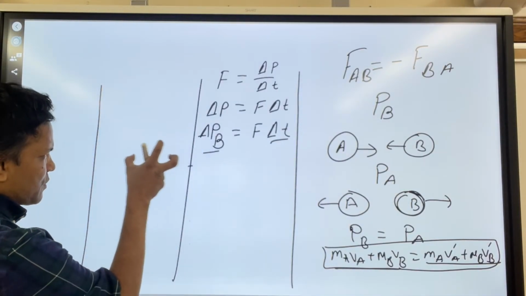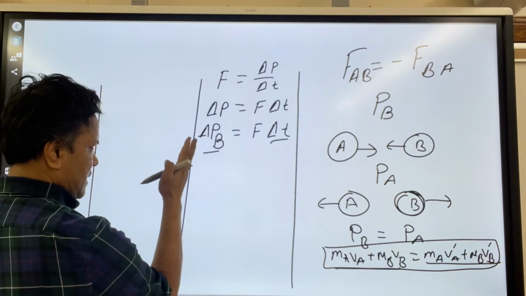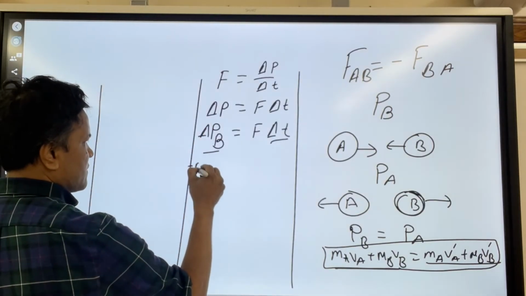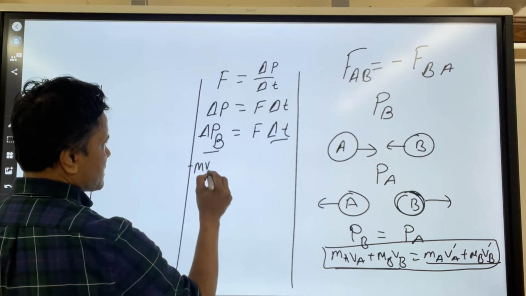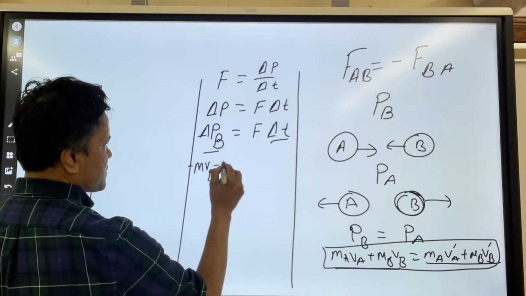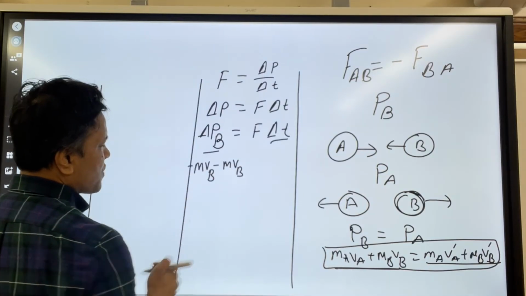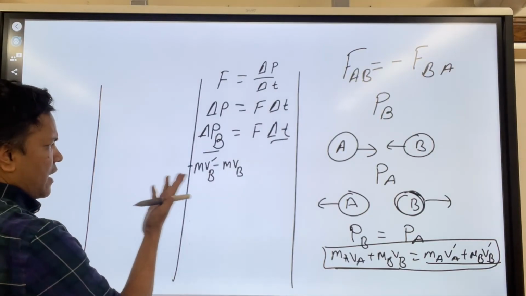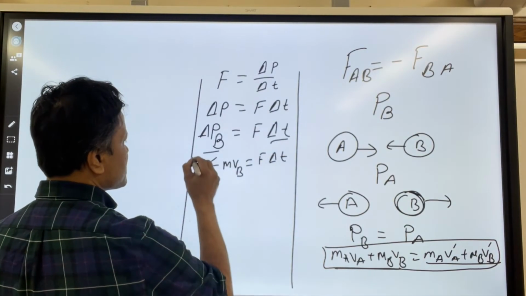So the change of momentum can be written as momentum final minus momentum initial of ball B. So momentum final minus momentum initial, right? Momentum initial. So how can we write momentum final? Of course, you can put this one, and that's what momentum final means, is equal to F delta T. So this is the equation number 1.